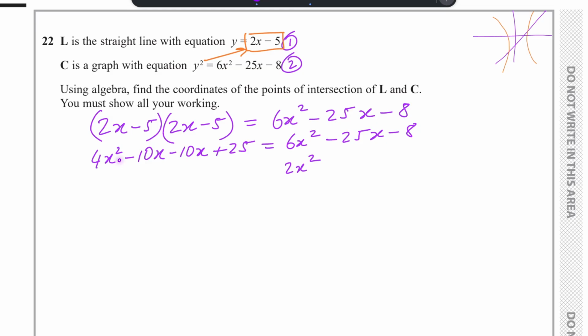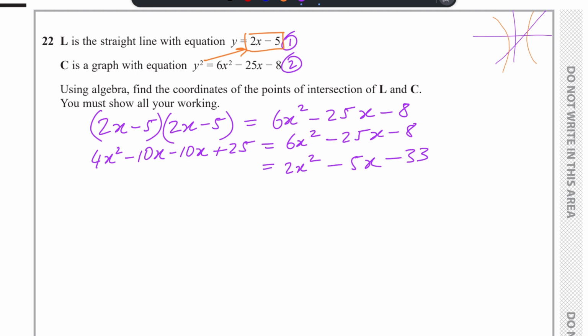Adding 20x to both sides will give you negative 5x, and then we are taking away 25 from both sides, so negative 8 minus 25 is negative 33.